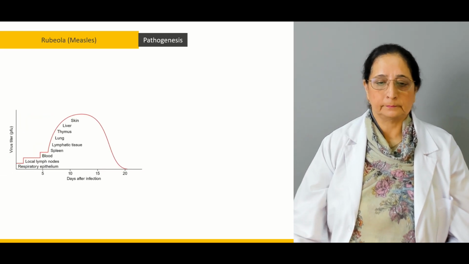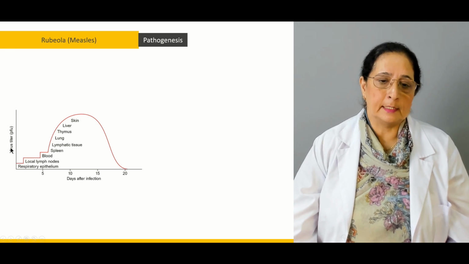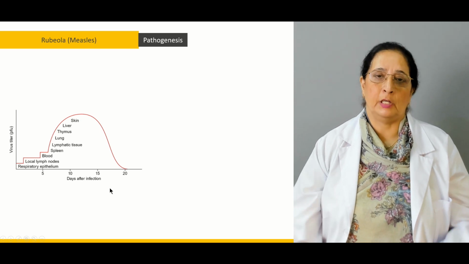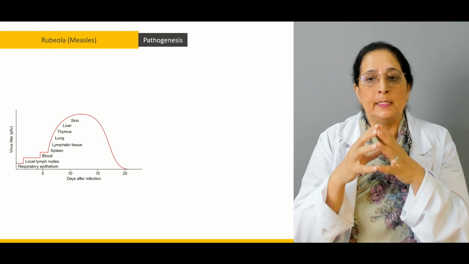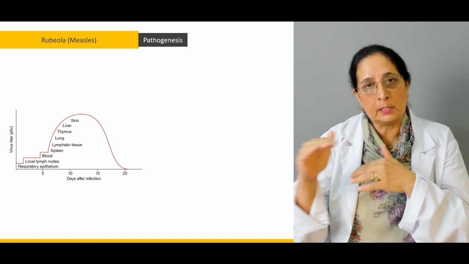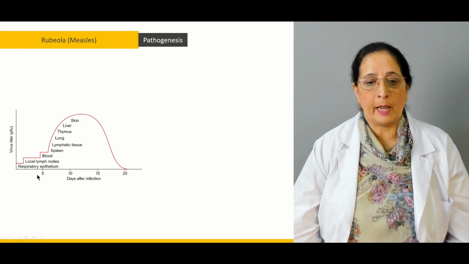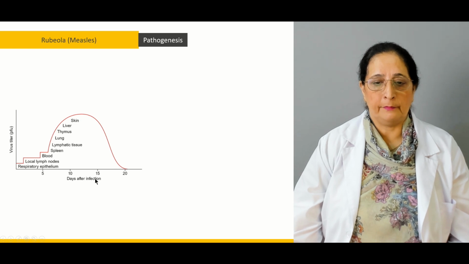This is the virus titer, and then days after infection. What are the different organs affected by the measles virus, and over how many days? You can see from 5 to 20 days here, days after infection.